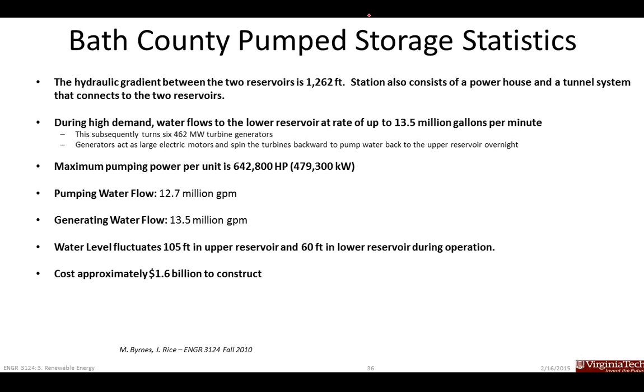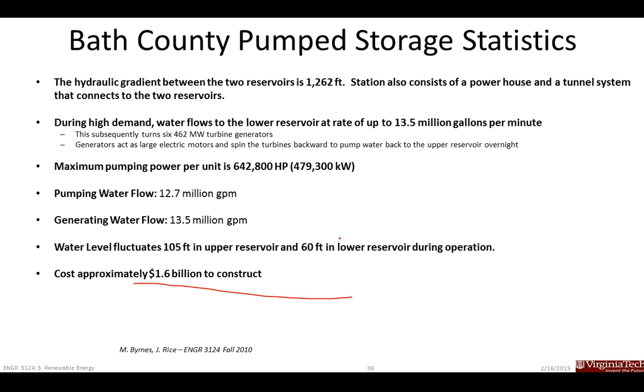So Bath County pump storage statistics. Each of the 6 generating units has had underground maintenance in the last 6 years. It was a $60 million project to upgrade and improve the output from 400 megawatts to 462 megawatts. The largest pieces are the overhead covers, which weigh over 220 tons and therefore have very high transportation and construction costs.